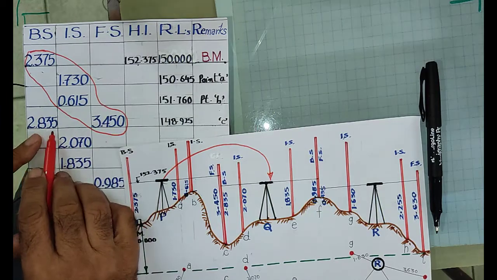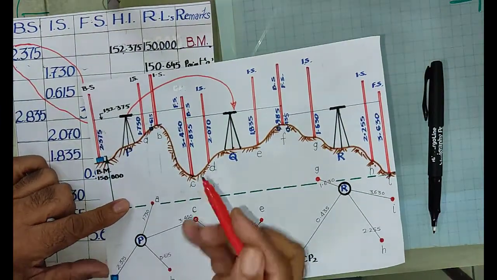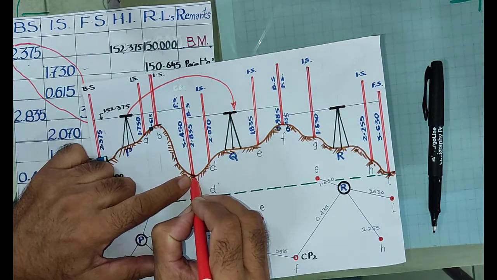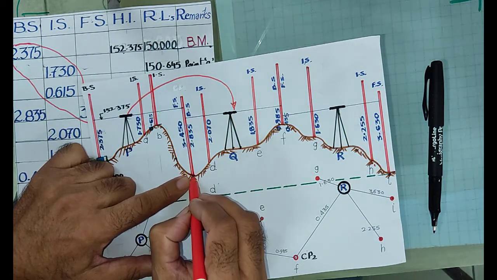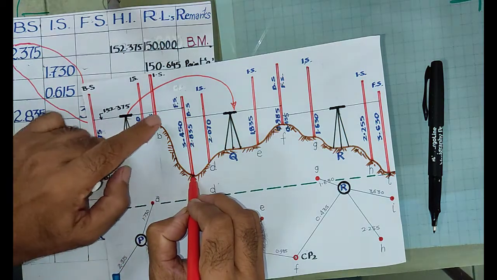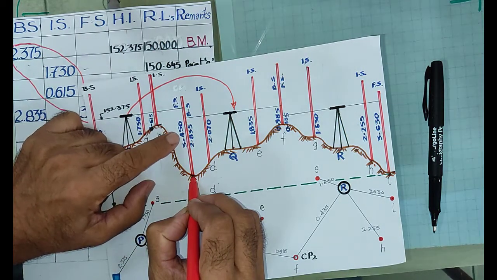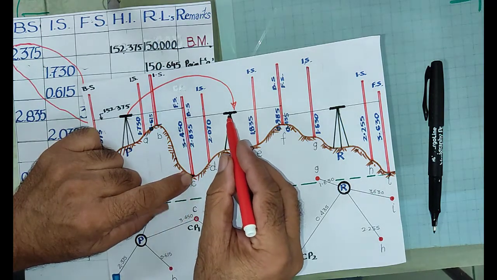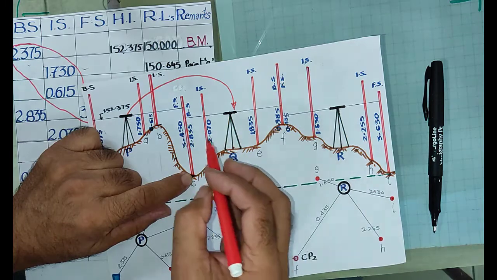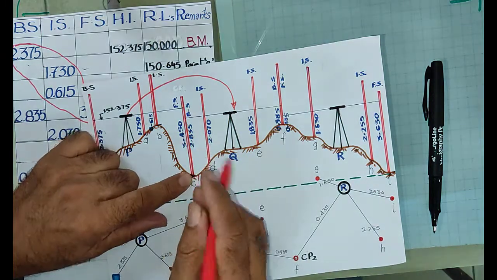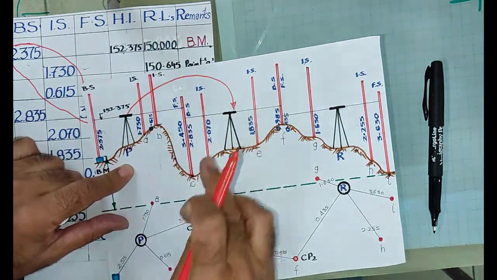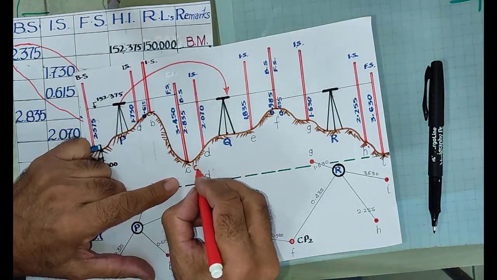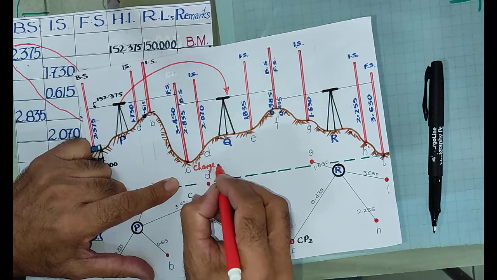It will be in one line because I have taken two readings on point C while the leveling staff was at point C. First I recorded the foresight as 3.450. Now without shifting the staff, I have taken the first reading of the second setting, that is 2.835. So I shifted the instrument around this point C, and this point C is also known as change point.